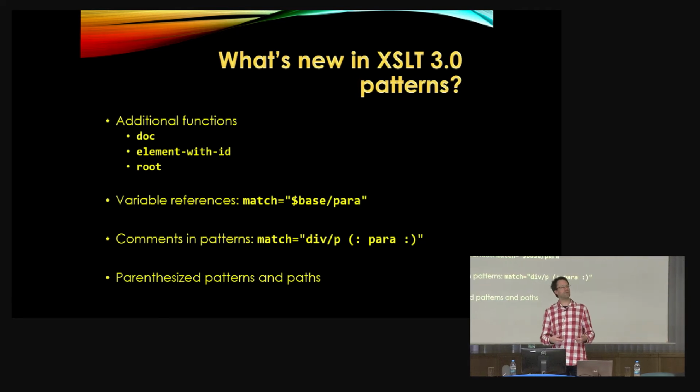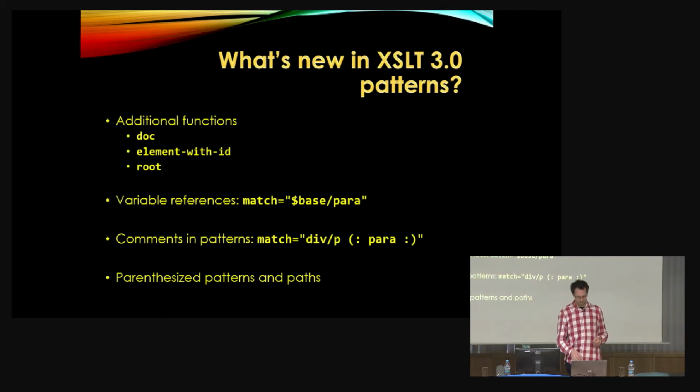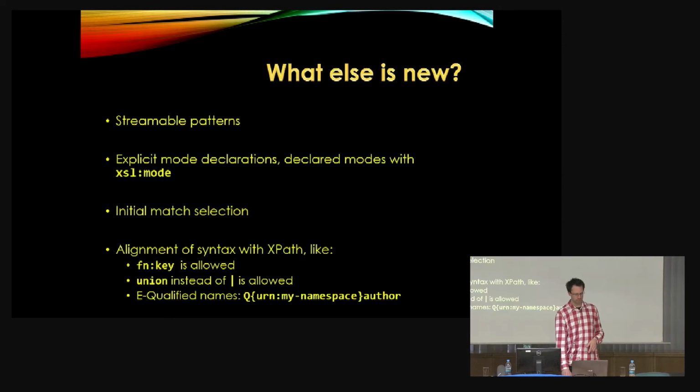An alternative that you could also use nowadays is what's called shadow attributes, but that's another topic for another talk. Comments in patterns, for some reason that was not allowed in 2.0, now it is. And parenthesized patterns and paths. We will zoom in on that later.